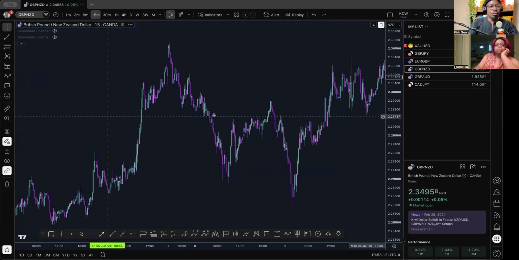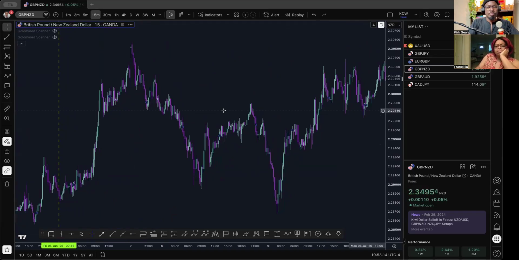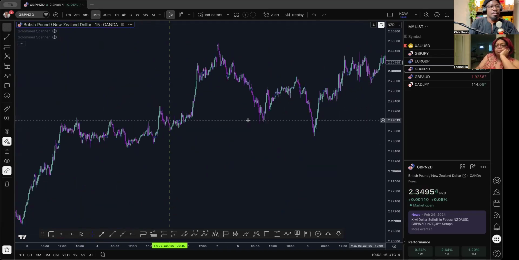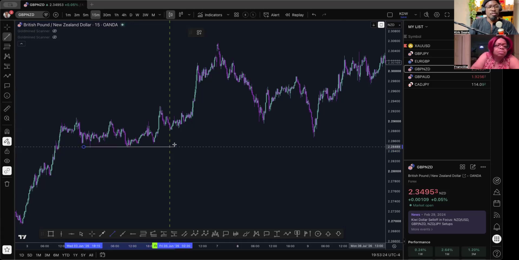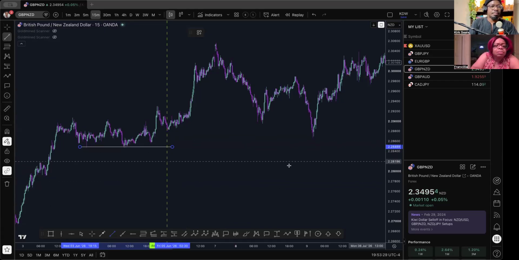So here we go. We know that the trend overall is bullish. We're just going to get a starting point, okay? The starting point is going to be the last low point. So let's say this is the lowest point here. I'm just going to do this in broad strokes rather than getting too detailed.